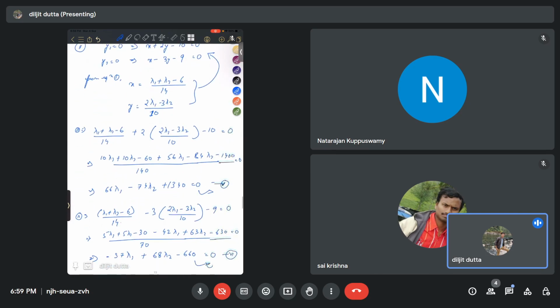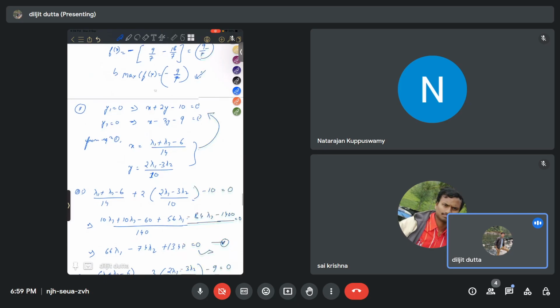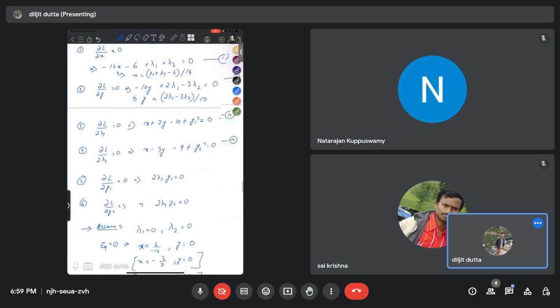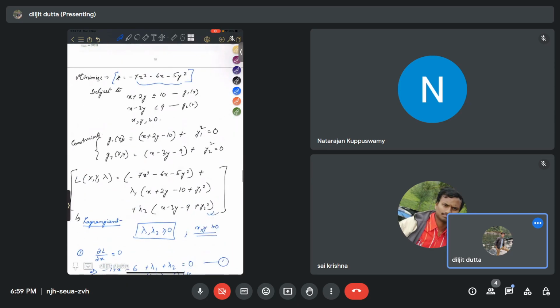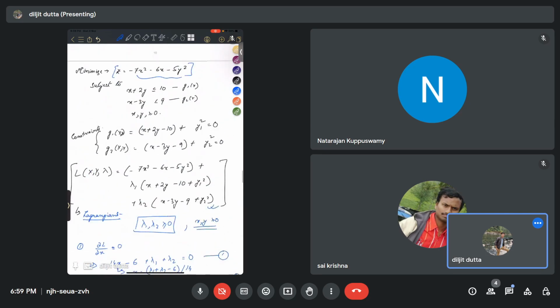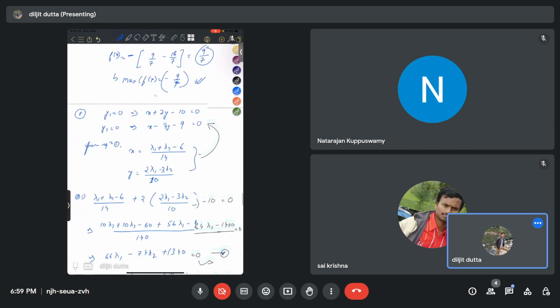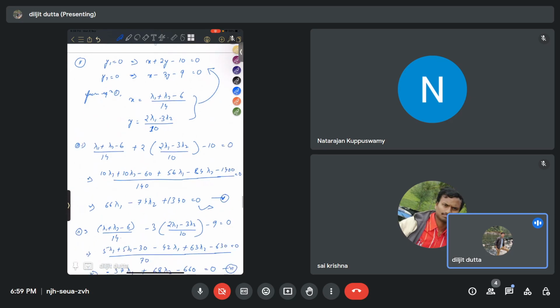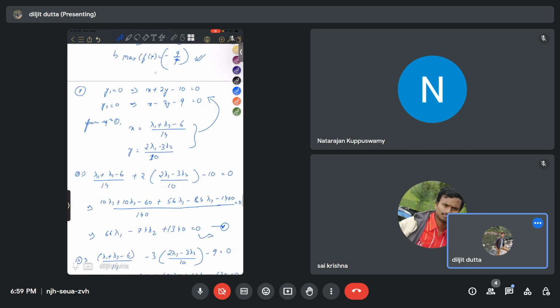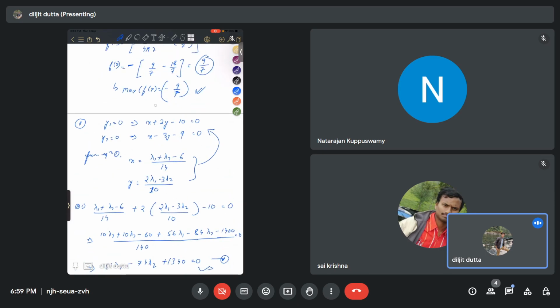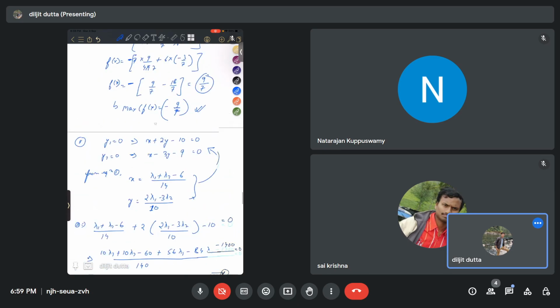No, I am saying, did I make any mistake in the equations? That's what I am saying. So x plus 2y minus 10, x plus 3y minus 9. This is correct. Lambda 1 plus lambda 2 minus 6, this is also correct.